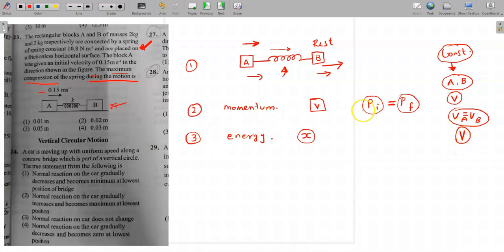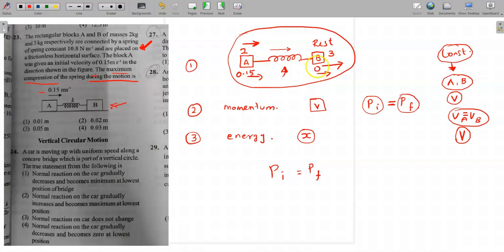Okay, let's begin with the conservation of momentum. Initial momentum is equal to final momentum. What is the initial momentum? Block A has 2 kilogram and block B 3 kilogram, and the speed of A is 0.15 meter per second, and here the speed is 0.